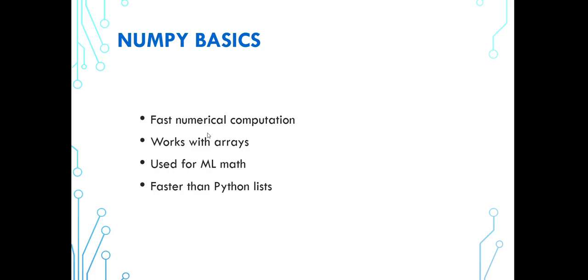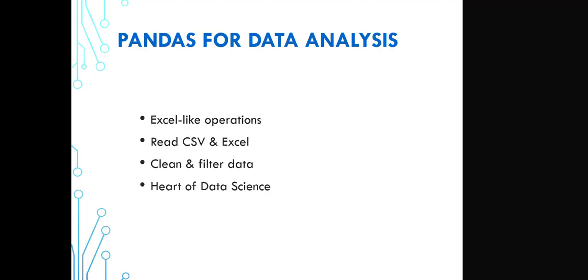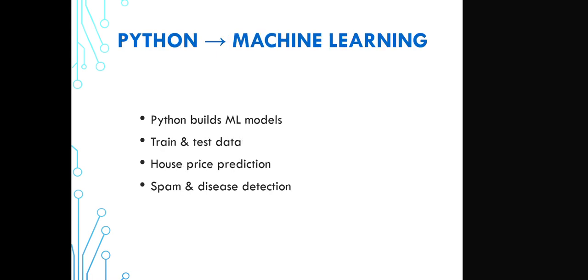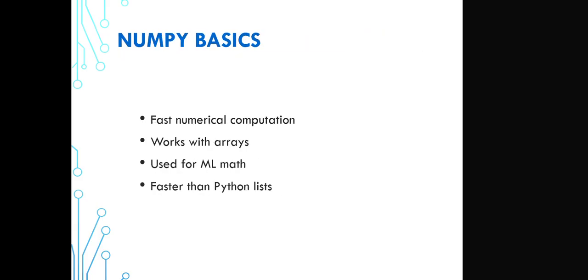And we have numpy basics, and we have pandas for data analysis, data visualization, and machine learning. All these are topics which have to be gone into very deeply. It's not like Python, where we just saw lists, tuples, or variables.